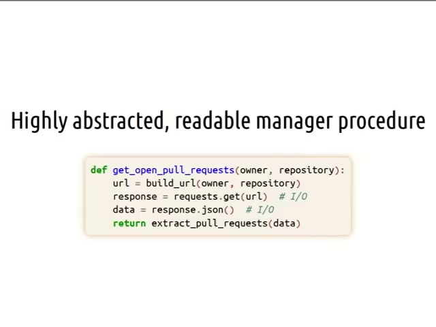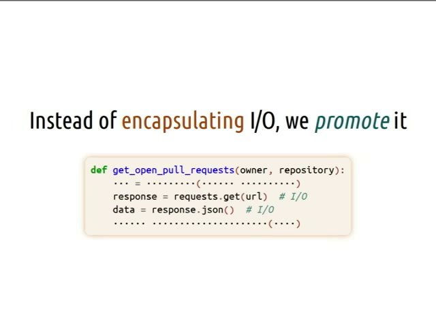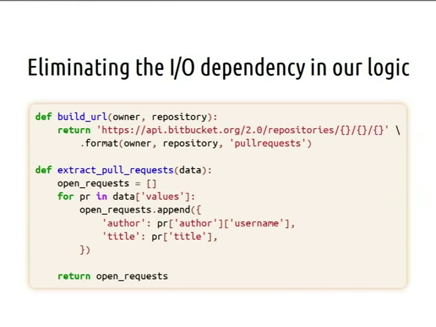All of the details about how that works are put somewhere else, in these functional helpers that just work on data. Build URL takes an owner and a repository and formats a URL back. Piece of cake. Extract pull requests is more interesting: it has to go through the data and actually pull the data out.